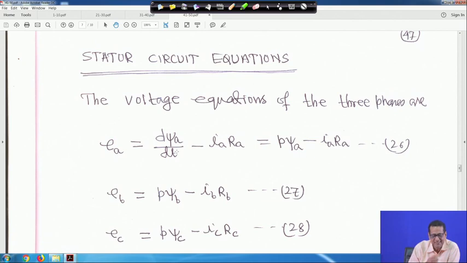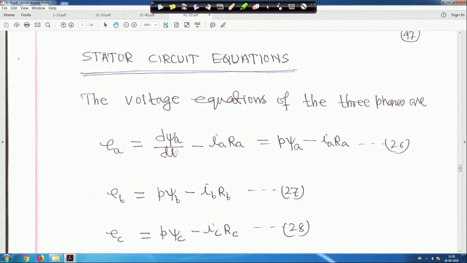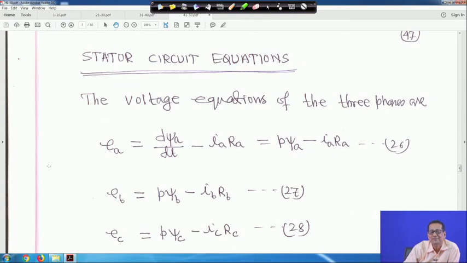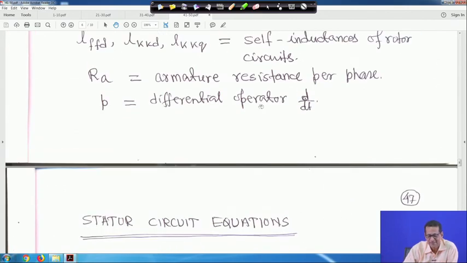And just see how you can write this looking at the flux linkage equation and the direction. Basically it will be EA plus IA RA equal to d psi A by dt. Look at the direction of the flux linkage and the polarity of EA, EB, EC. So EA is equal to d psi a by dt minus IA RA, and d by dt is equal to P, the differential operator.